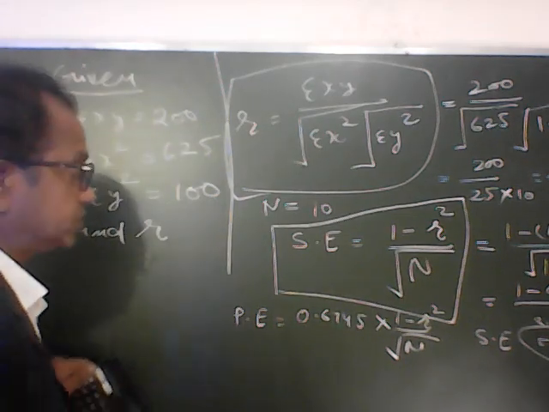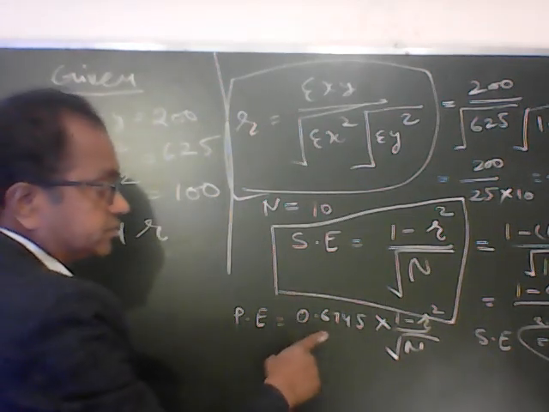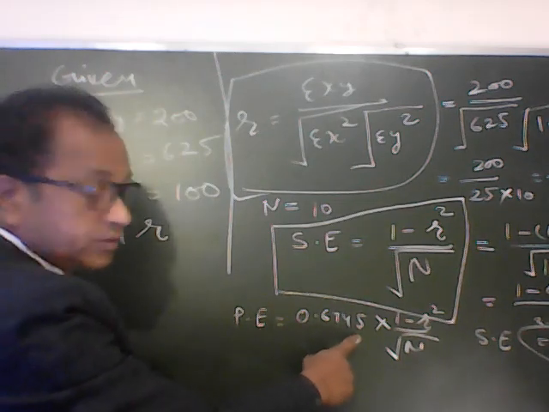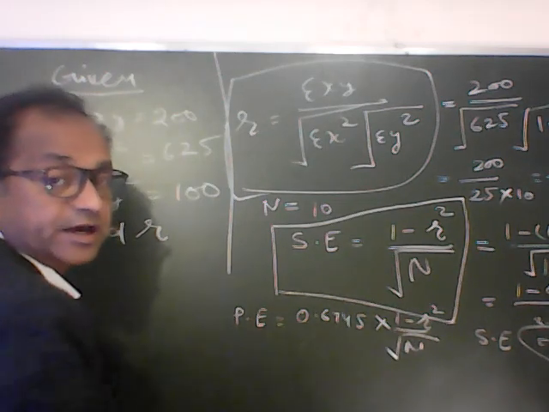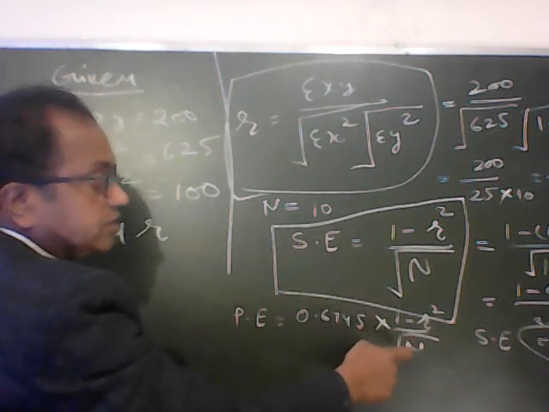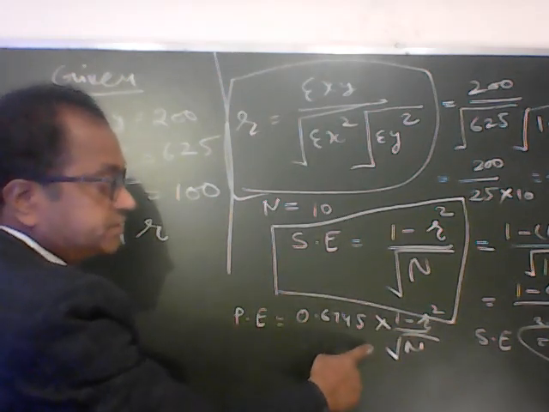We can also write probable error equals 0.6745 multiplied by standard error, as the standard error formula can also be applied in the same manner.